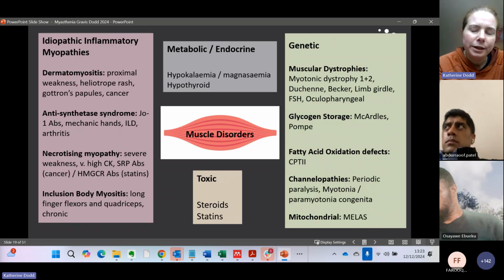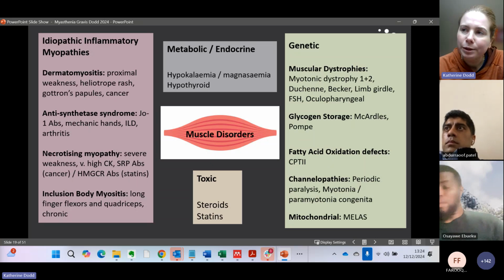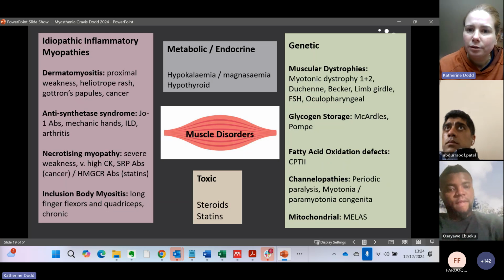So I think, because there's so many, it's best to just think of it in four main categories. So could they have a genetic disorder like we were just talking about, a muscular dystrophy? With genetic disorders, you might have a family history. They've probably got quite a long progressive history. So the main ones would be muscular dystrophies, for example, myotonic dystrophy 1 and 2, which have some quite specific features.